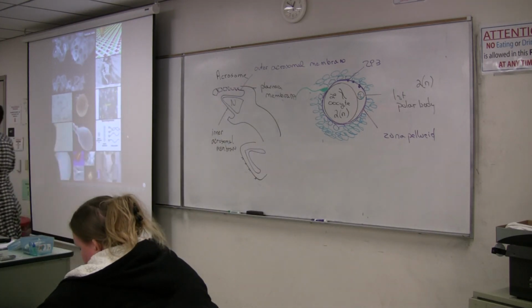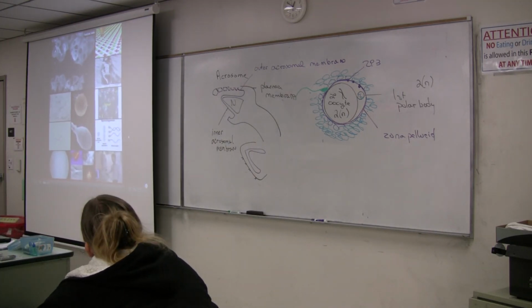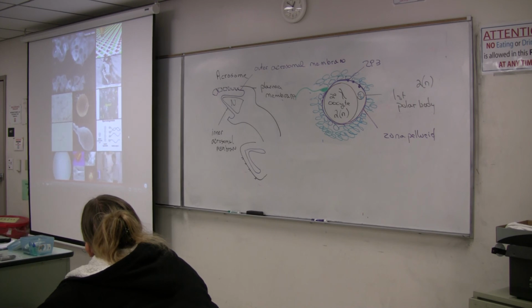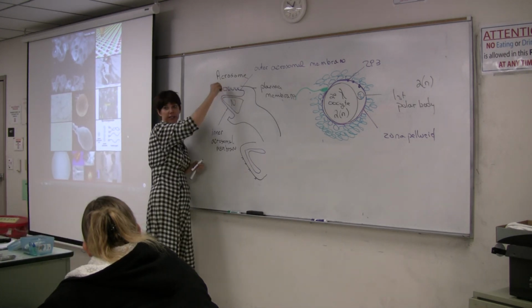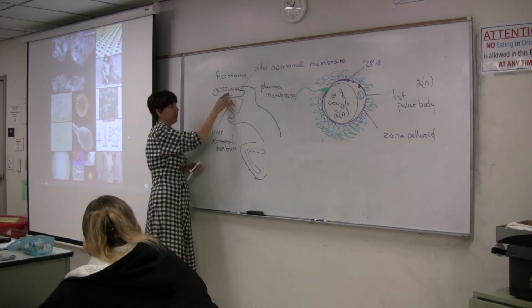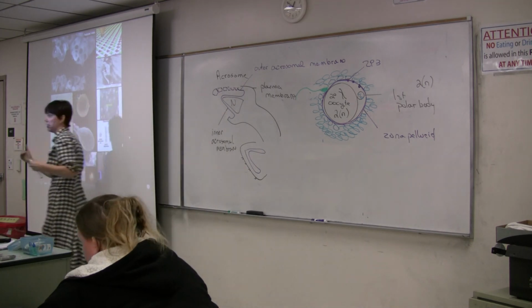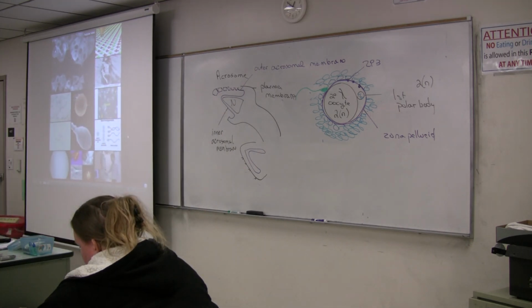So let's watch this video again. So what you're seeing at first is the outer plasma membrane of the sperm, and then it's starting to look like it's buckling up or wrinkling, and that's when the outer plasma membrane and the outer acrosomal membrane are fusing together, and then they'll disappear and you'll see just the inner acrosomal membrane.